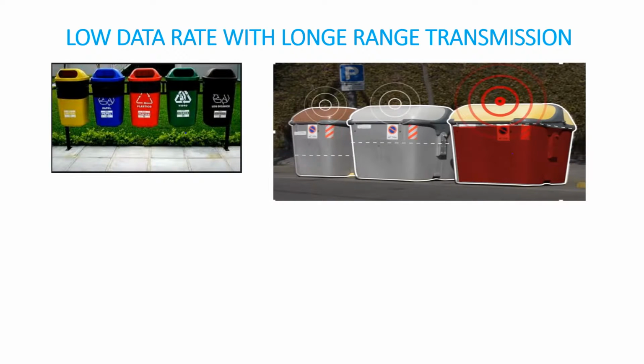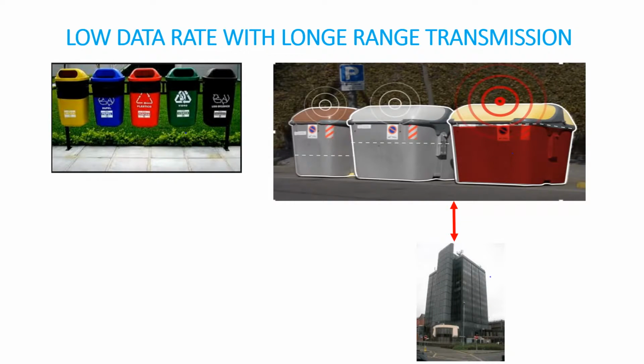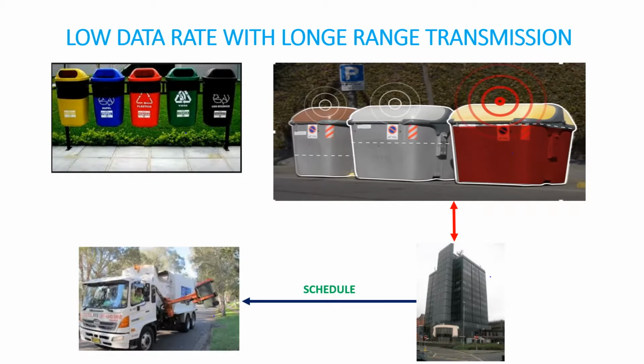These data of garbage bins travel several kilometers to reach municipality offices. Accordingly, it enables city planners to optimize collection schedules based on where collection is actually needed, resulting in cleaner cities and cost savings through improved operational efficiencies.